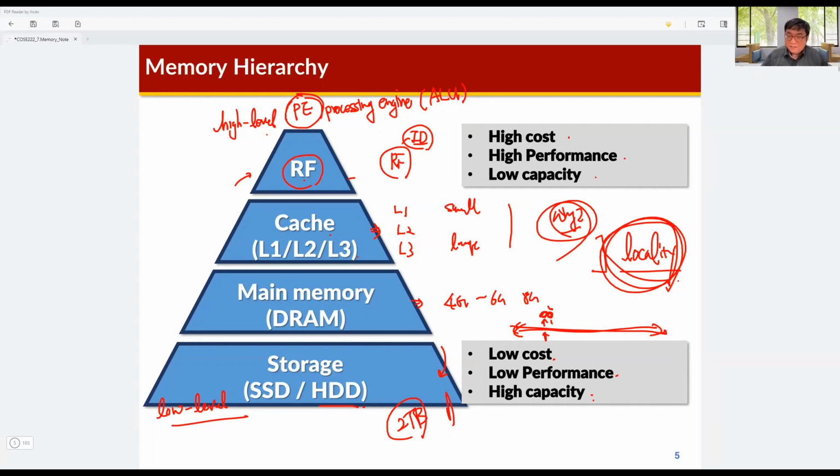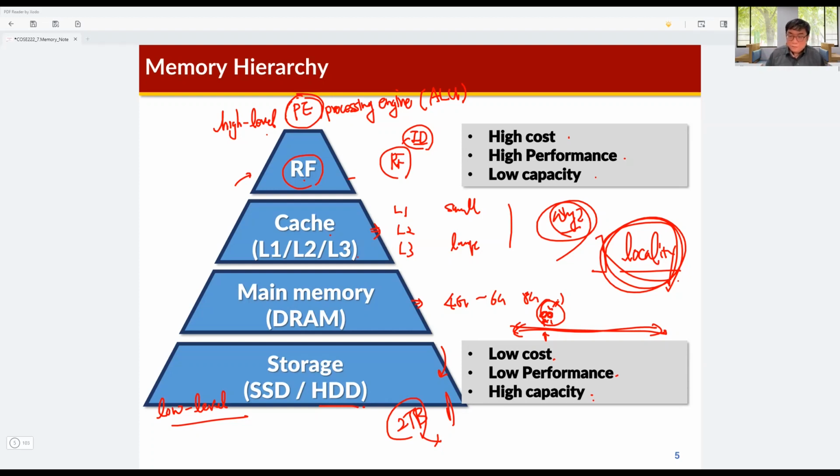The amount of this data is small compared to the entire data in our computer systems. The size of the hard disk drive in our computer system is 2 terabytes, but we do not use the entire data inside of this hard disk drive, right? We just use part of the data.